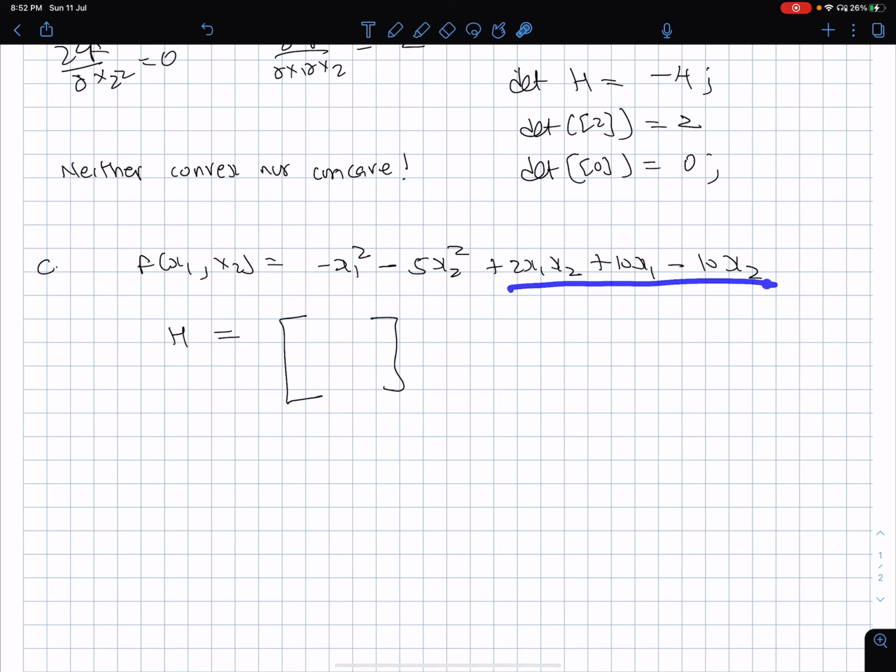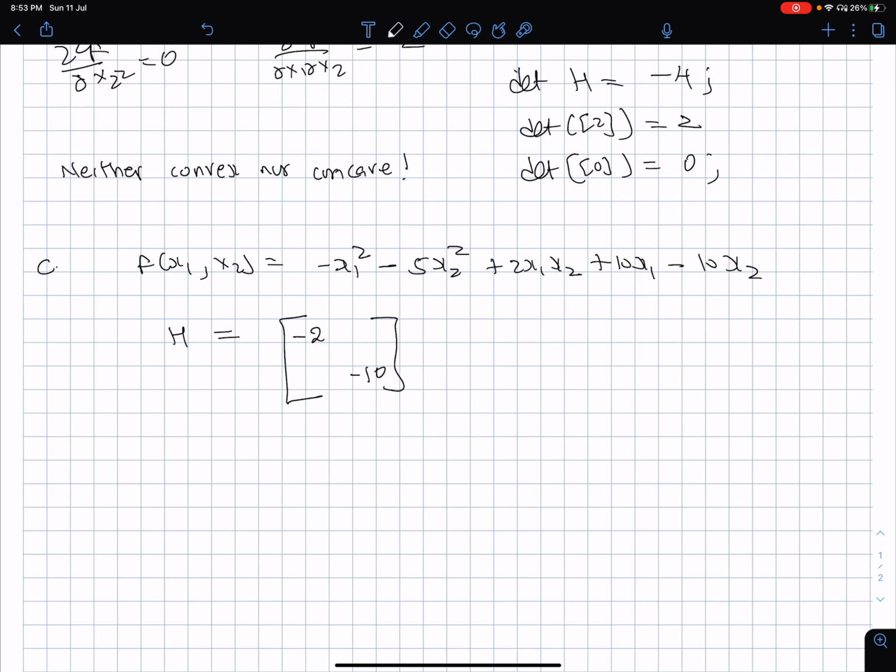These terms which don't have a square of x1 or x2 are not going to survive when I take twice partial derivatives with respect to the same variable. So if I take the twice partial derivative with respect to x1 in the first term, I will get minus 2. And with respect to x2, I will get minus 10.